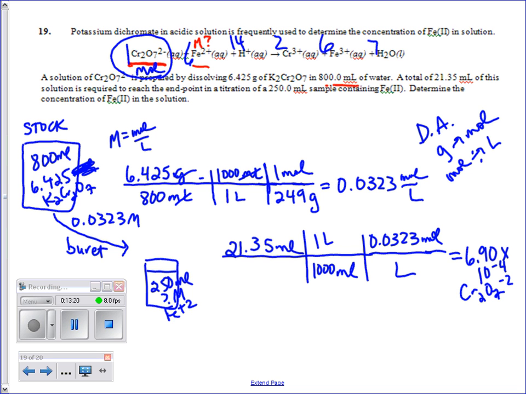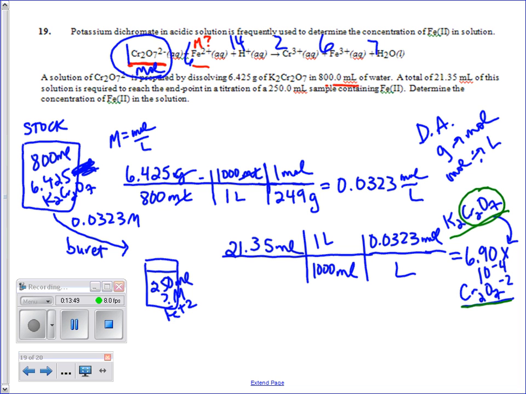Cr2O7 negative 2. Now there's a little issue here. I just want to point this out to you. What we actually found here was the molarity of potassium dichromate. So technically this is really the moles of potassium dichromate, not just dichromate. But we are lucky enough that for every 1 mole of potassium dichromate, there's 1 mole of dichromate, so it's the same 1-to-1 ratio.